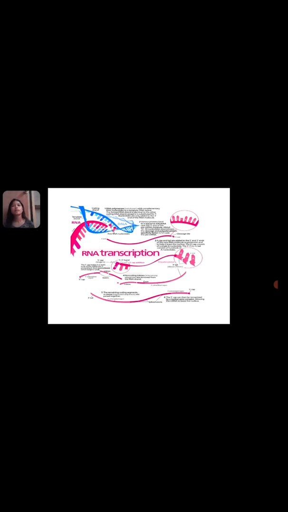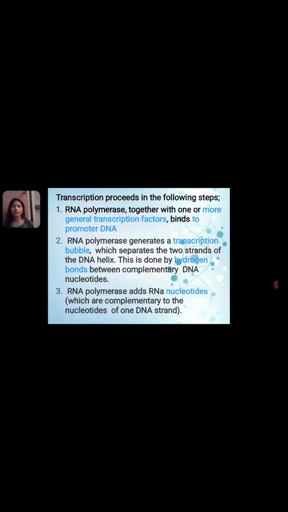So, here are the steps of transcription. Number 1, RNA polymerase, together with one or more general transcription factors, binds to promoter DNA. 2, RNA polymerase generates a transcription bubble, which separates the two strands of the DNA helix.